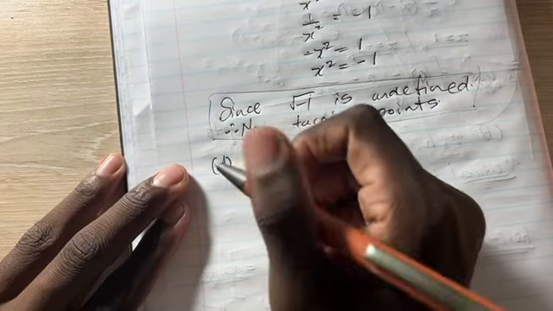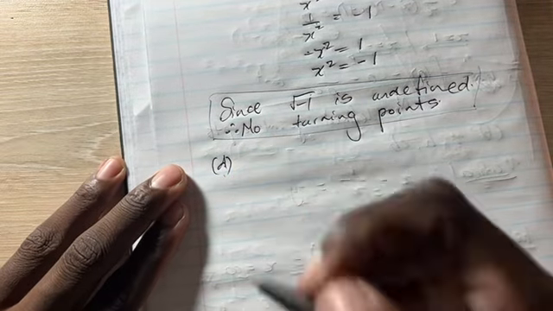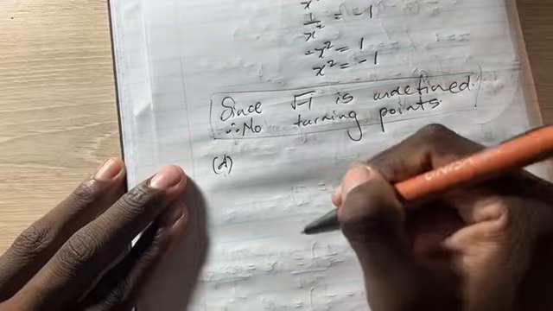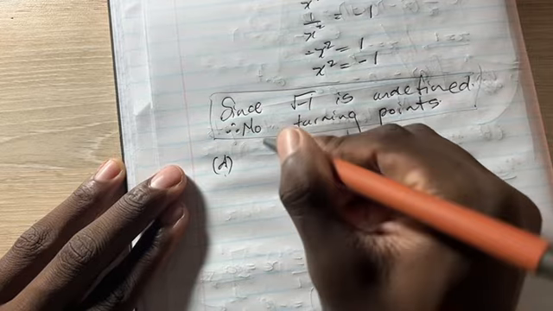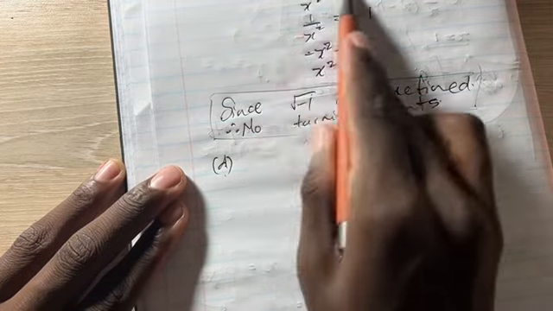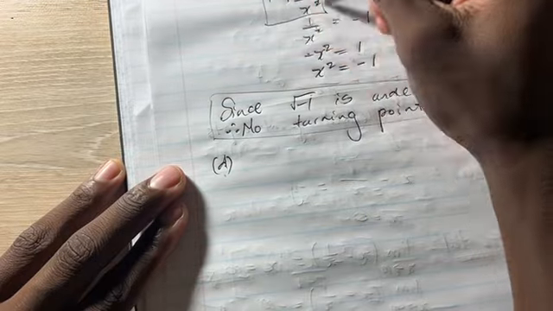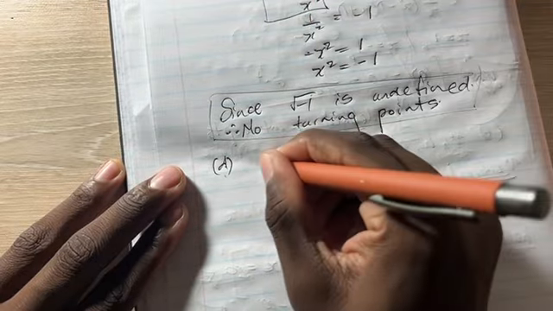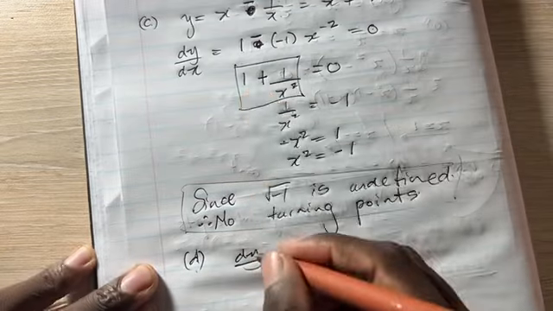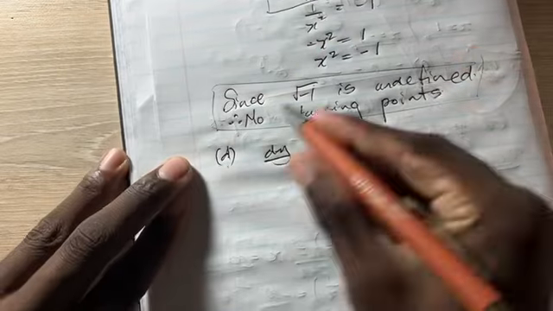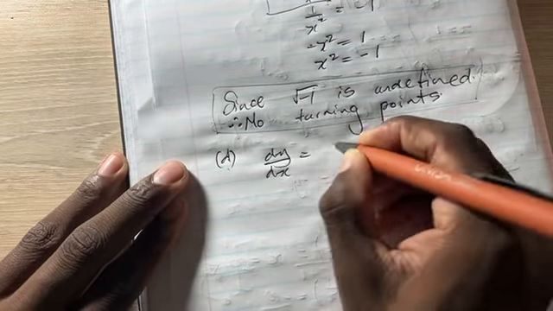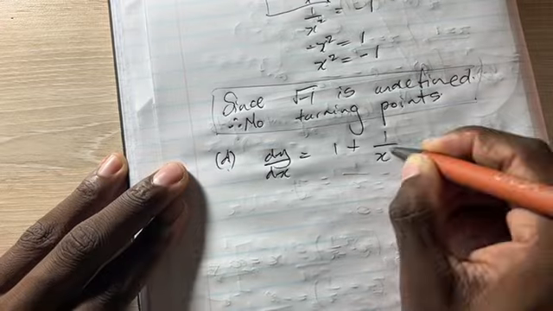D, find the inflection points, if any. Now we have to find the inflection points. The first derivative was dy on dx equals 1 plus 1 over x squared.